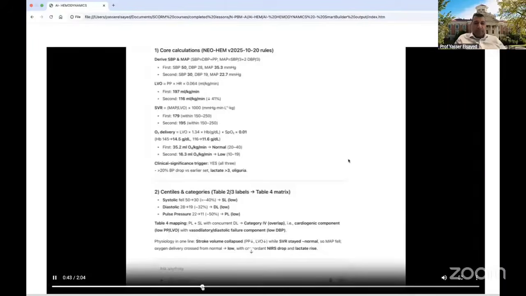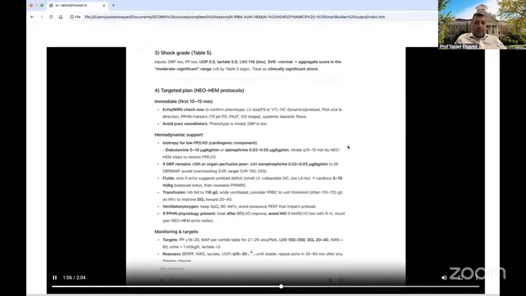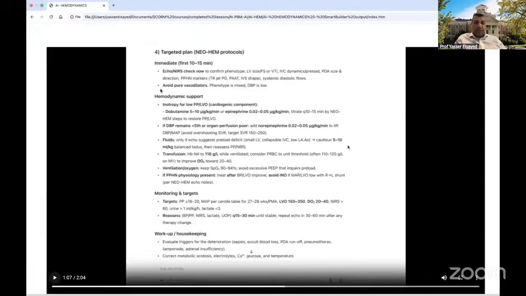And then we'll move on to the most important part. It gives you the targeted plan, what you need to do next. Immediately you need to consider echocardiography within 10 to 15 minutes, and it will give you the parameters that you need to measure on echocardiography, and give you another piece of advice: avoid pure vasodilators.